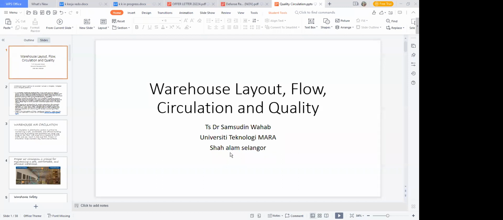We also discuss the element of quality, because the quality of the environment of this warehouse affects our product. That's why it is an important part of the topic in our syllabus.